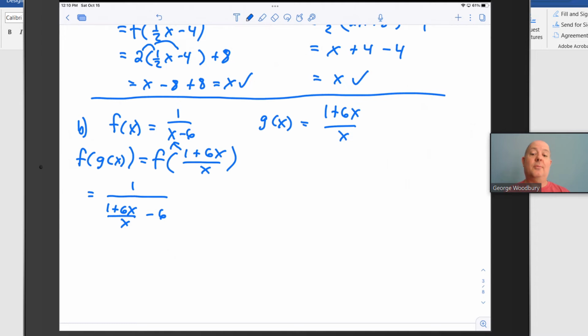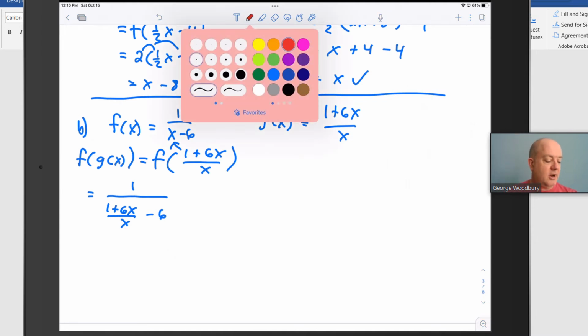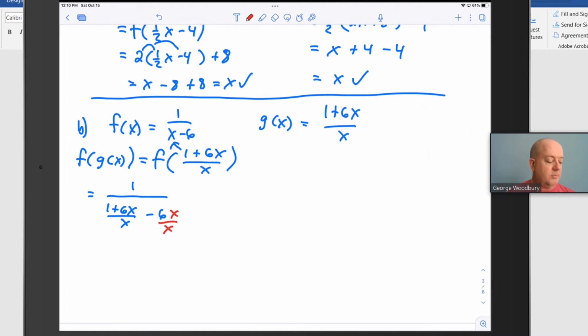And we need to clean up that denominator a little bit, and we need a common denominator to do that in the denominator. And so if we multiply by x over x, both fractions in the denominator now have the same denominator, x. And we can combine those numerators, and 1 plus 6x minus 6x just equals 1.